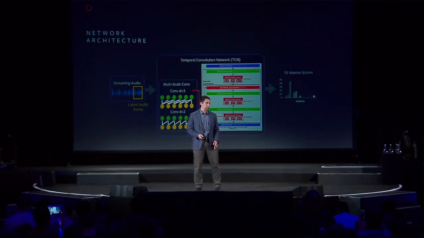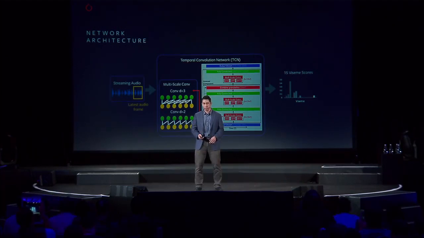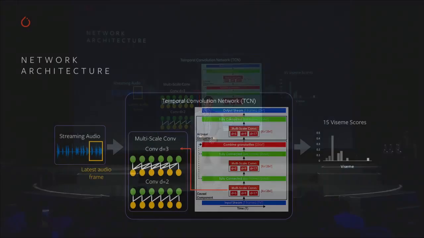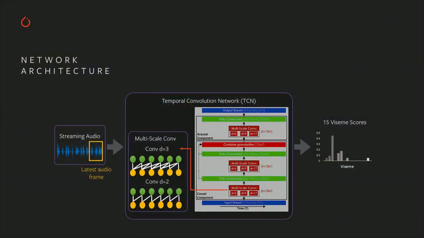In this slide, I'll go over, in a little bit more detail, the network architecture that we use to power both this lip sync technology and also laughter detection. First, we take a stream of audio input, take the latest frame, and extract audio features. In particular, we extract 32-dimensional log-mel spectral features.